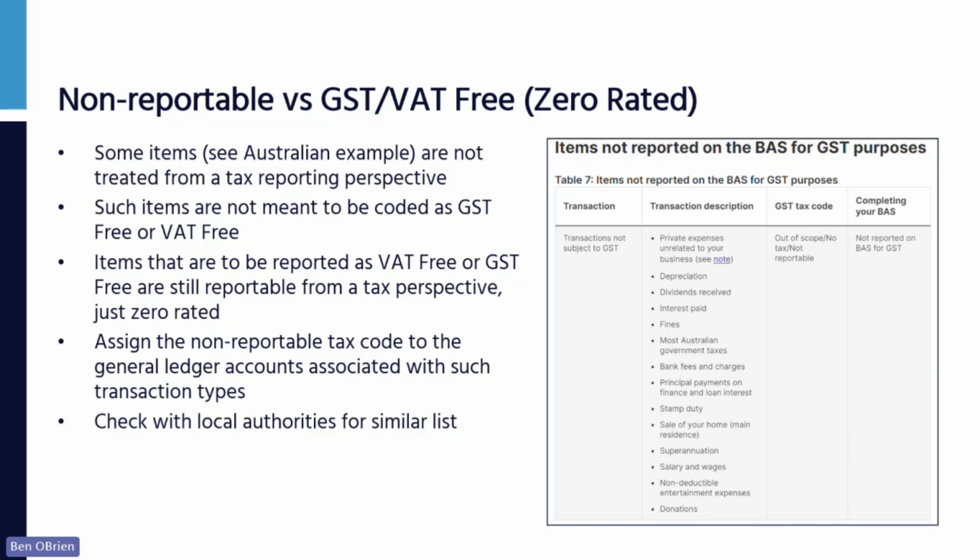And so those quite often we see them tagged in Australia as GST free, and they get reported on the tax report, but they're not required to be reported. So you're actually misreporting if you are doing that. So set up that non-reportable tax code and make sure that the types of transactions listed there are tagged accordingly.